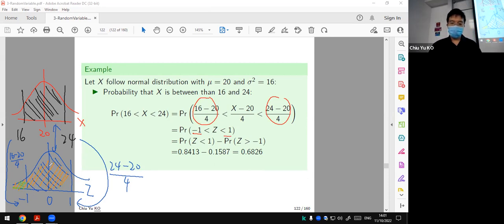The orange area, which we calculated as less than 1, is 0.8413, and the green area is 0.1587. So you get the answer, 0.6826. That is the number you remember from the empirical rule: 68% is within 1 SD. This is what we have in the question.